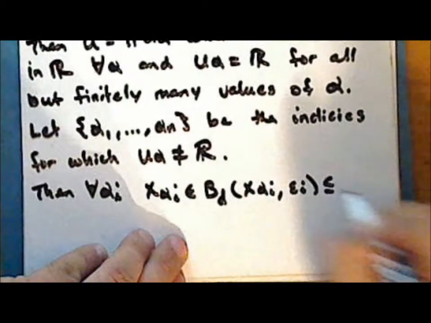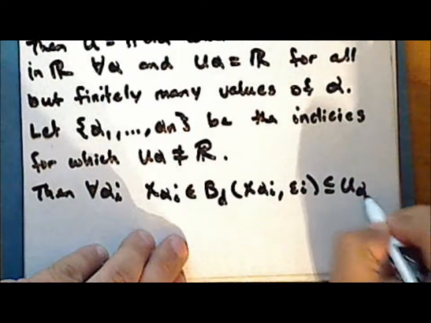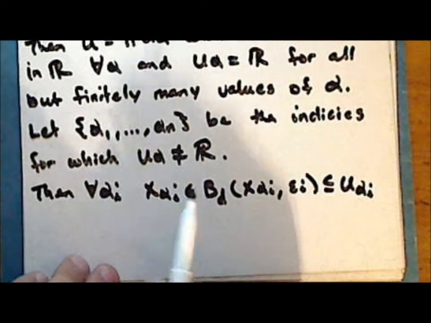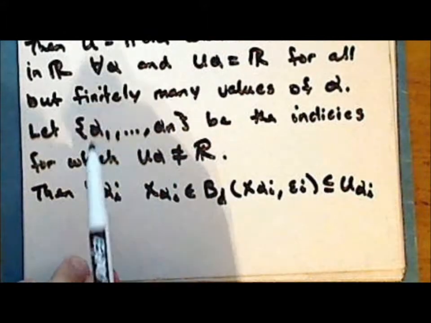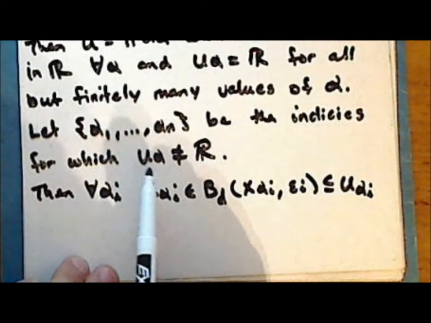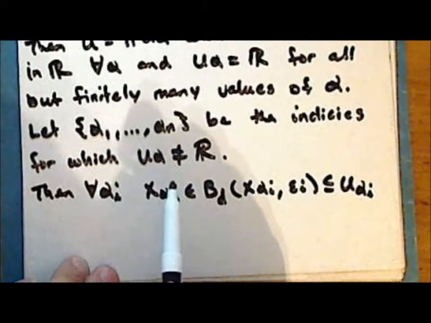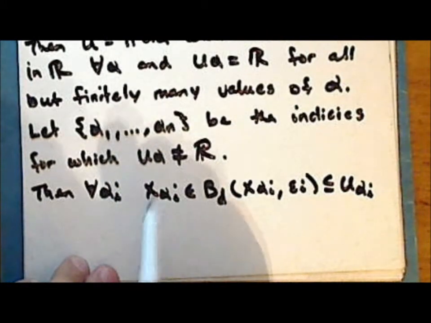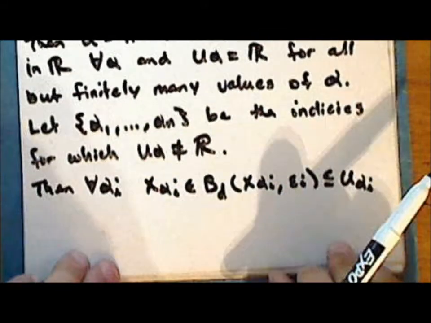And this is a subset of the open set U sub alpha i. So again, as each set U sub alpha is open in the real line, for these finitely many values of the indices for which the open set is distinct from the real line, for every point in that open set, there exists a basis element containing it, which is a subset of the given open set.